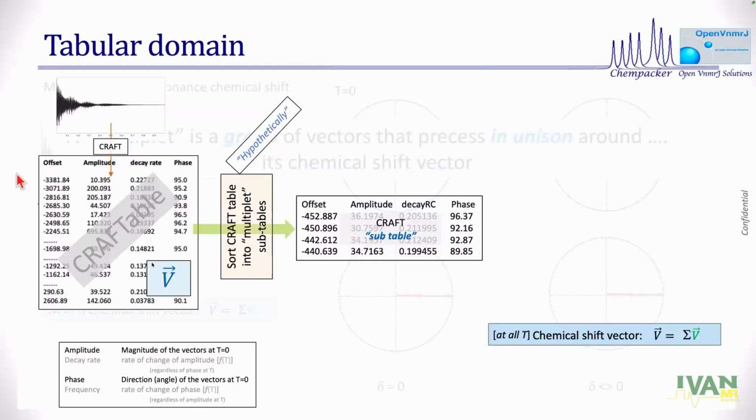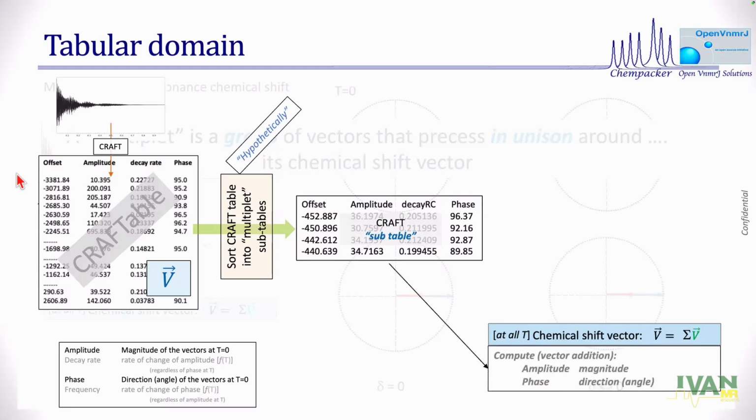If I have that subtable describing a 4-line pattern in chemical shift in NMR terms, that is the 4 components of the vector, of the decaying and precessing vector. It's not just a vector, it's decaying, precessing, and I think in our scenario that goes without saying.